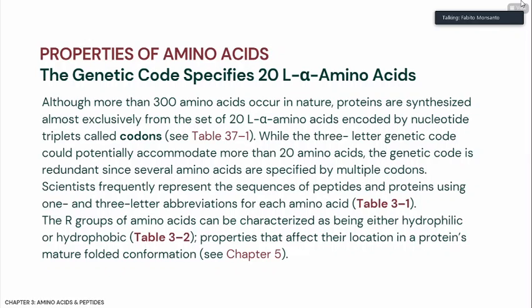So this 3-letter code becomes redundant, meaning to say that one amino acid may have several codons.